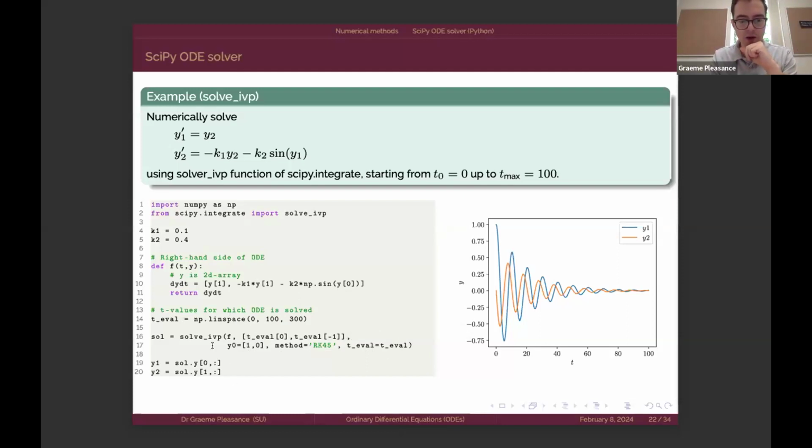And again, we can recover the y output from this function in a somewhat similar way to before.